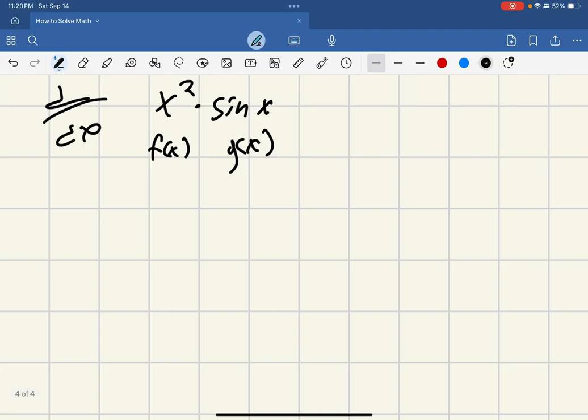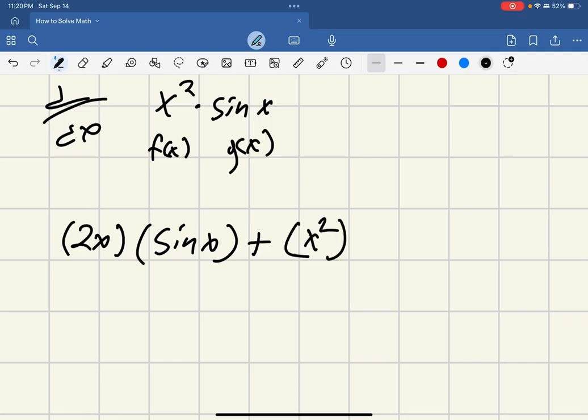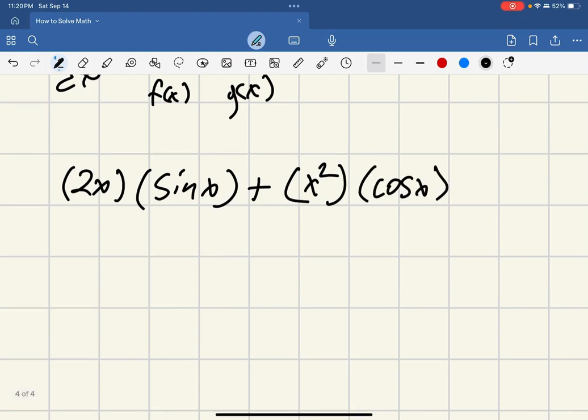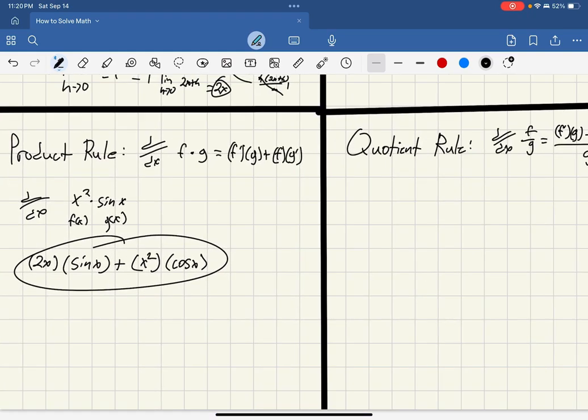So we start off with f prime, which is 2x by the power rule, times g of x, which is sine of x, plus f, which is x squared, times g prime, which is going to be cos of x. So this is going to be our answer for that.